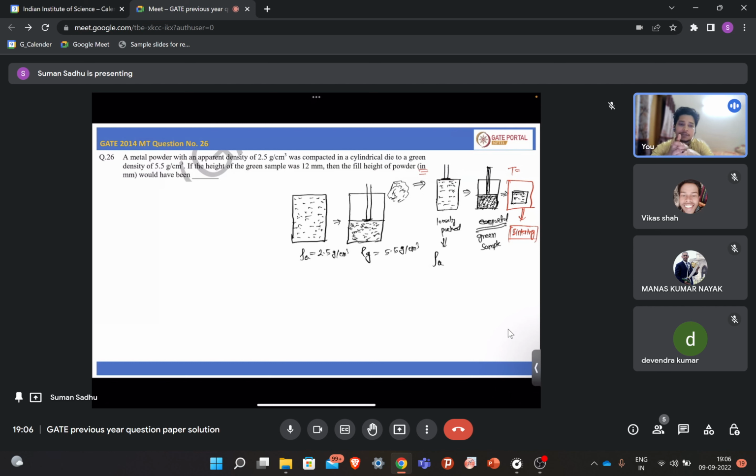Let's say after BTech you become an engineer in some industry. They send you to investigate the quality of the powder. You are buying some powder from a vendor. So they ask you which powder will be good for your operation. So you have to choose it, right? At that time you need to know these parameters. What is the green density of that powder? What will be the apparent density of the powder?